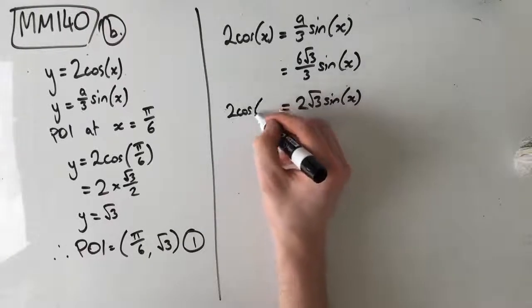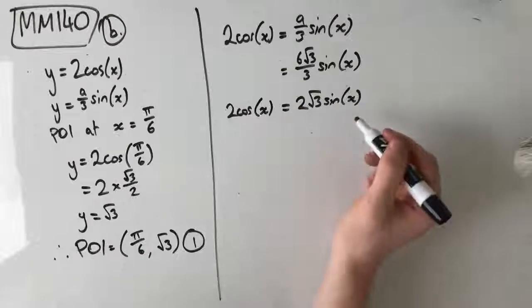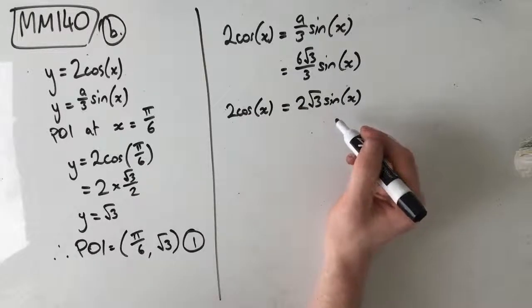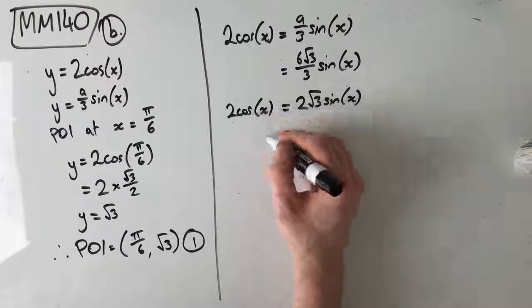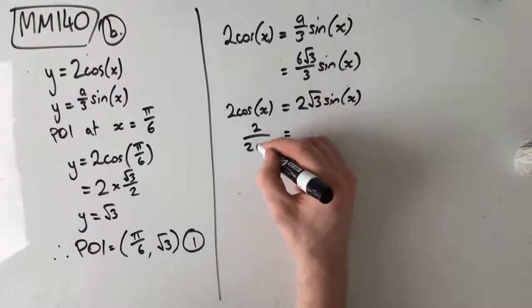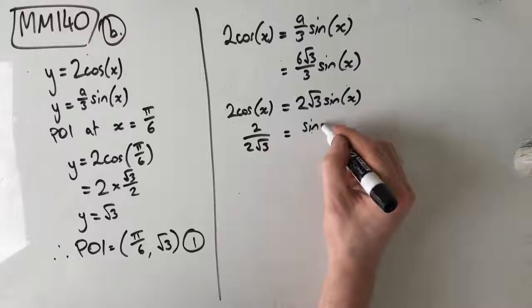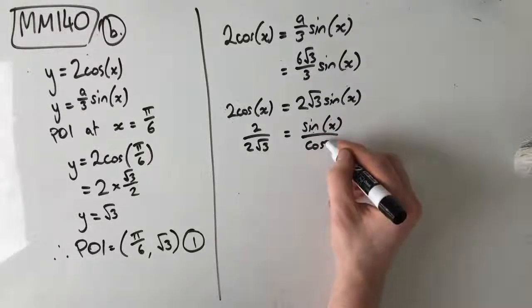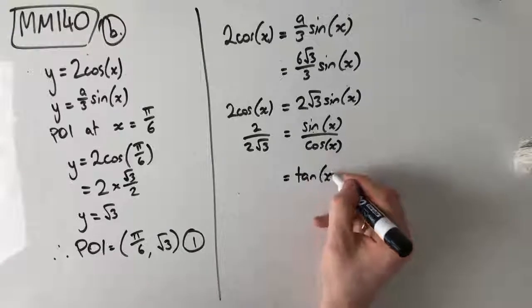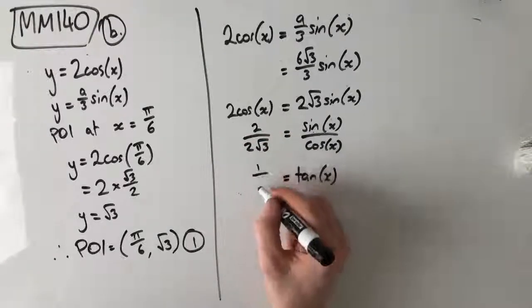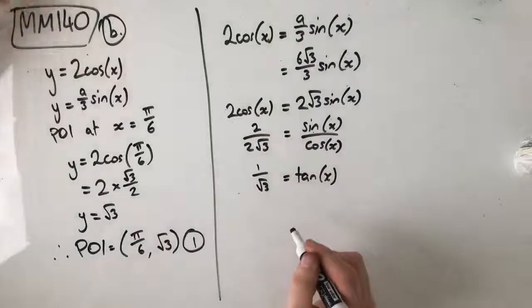Fantastic. Now again, we're solving with sine and cos, so we want to get it in terms of tan. I'm going to divide this side by 2 root 3 and this side by cos x. So 2 over 2 root 3 is equal to sin x over cos x. Now on this side, we're going to have tan x, and on this side, these 2's are going to cancel, and we're going to end up with 1 over root 3.